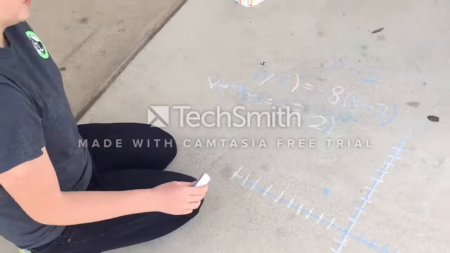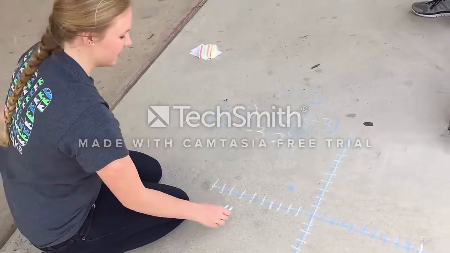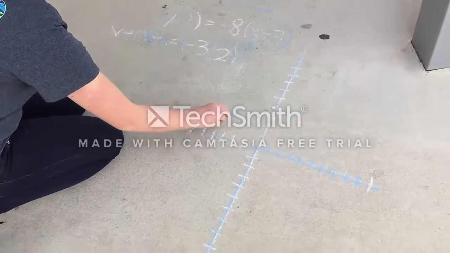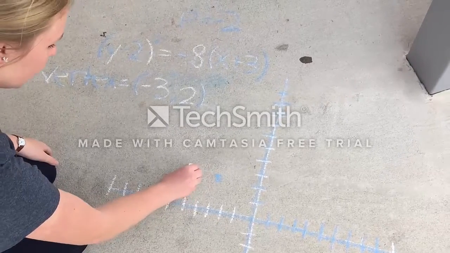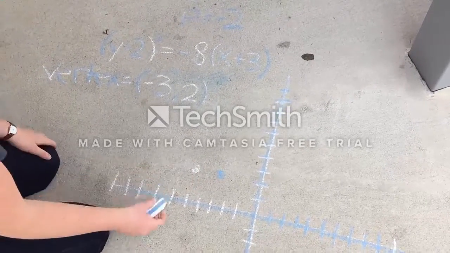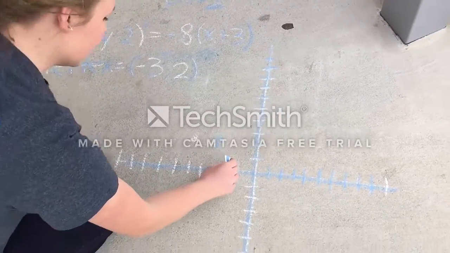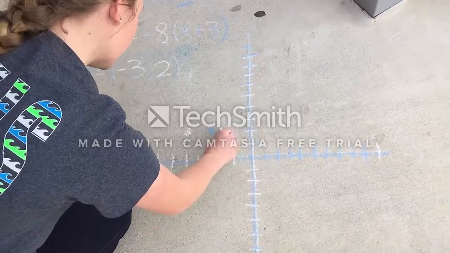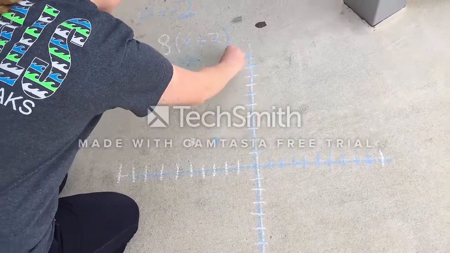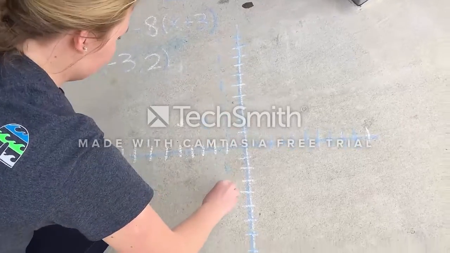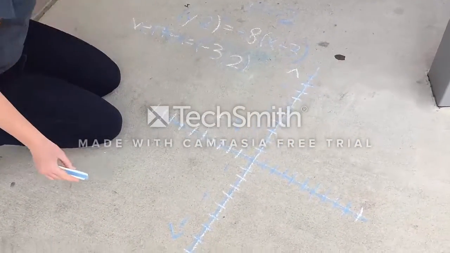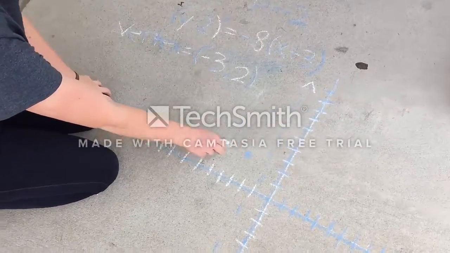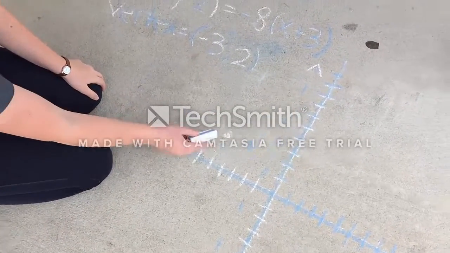And then next we're gonna move p from the vertex. Since the p is negative, we're gonna go left. So we're gonna go over 2. There's the foci. And if we go right 2, that's the directrix. So 1, 2. Here's the directrix. And then from this foci, we're gonna go out 2p.